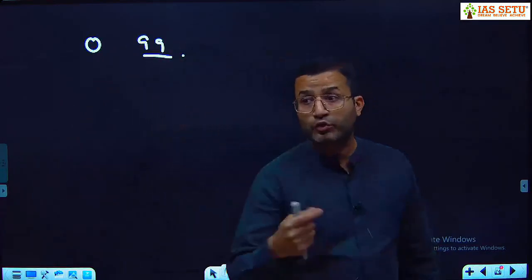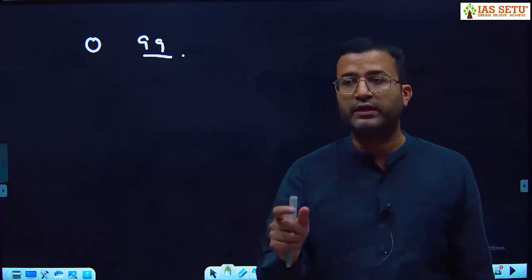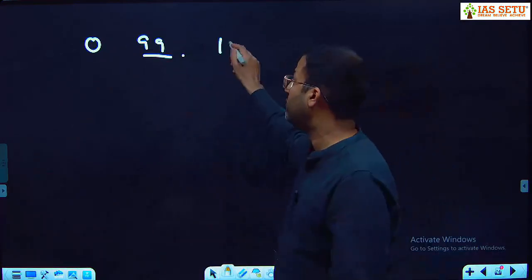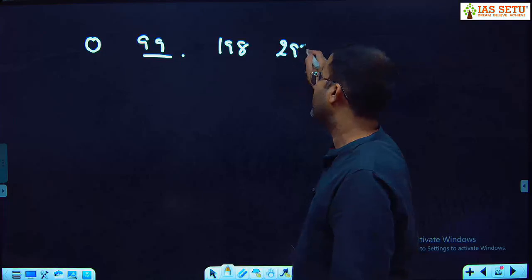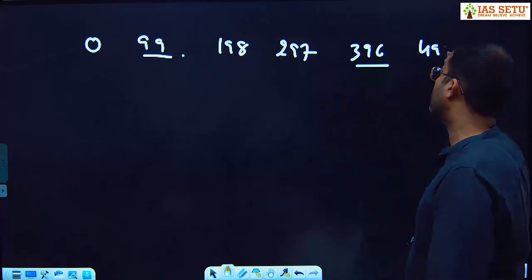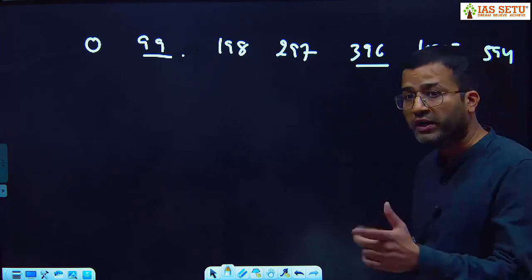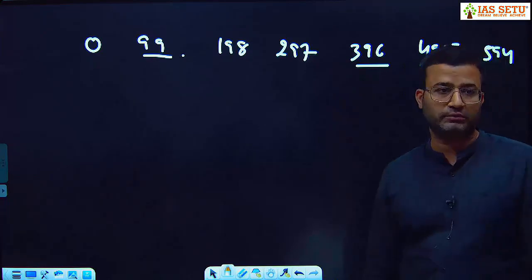Then I told you, you can calculate fast. Whether it is 1 multiple of 99, difference 99 आएगा या 198 आएगा, or the difference is 297, or 396, or 495, or 594, you can find quickly without doing any calculation.